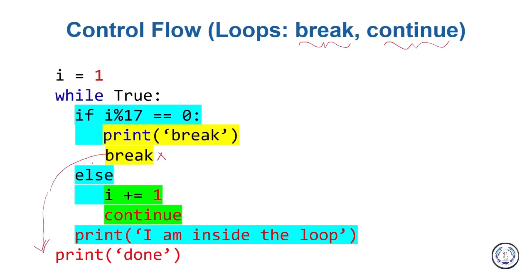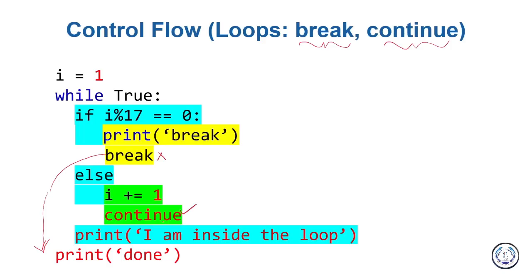For example, if i becomes divisible by 17 and the remainder becomes 0, you will break. And then when this break statement executes, you will exit the loop immediately, regardless of the value of i or other states. Break exits the loop.